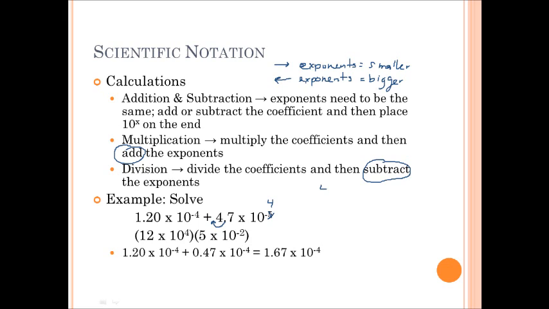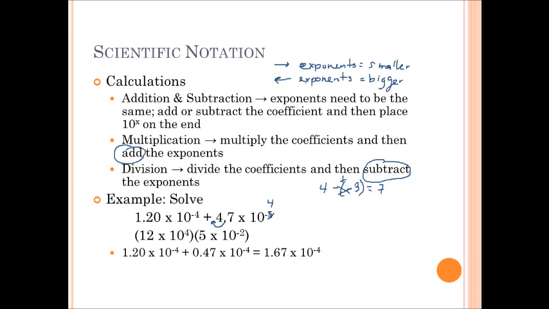So we have an example of, let's say for instance, 4 minus negative 3. Well, that's actually 7, because these two negatives cancel out and it becomes positive.